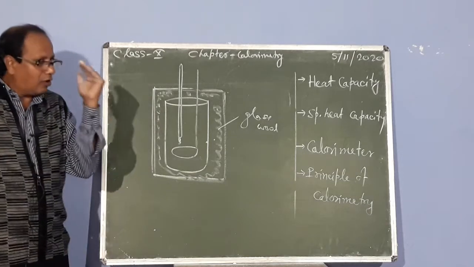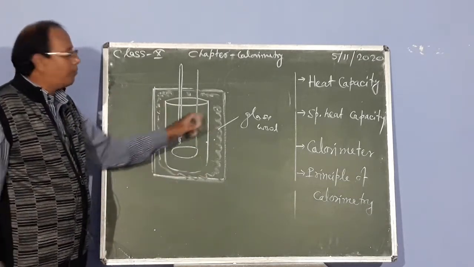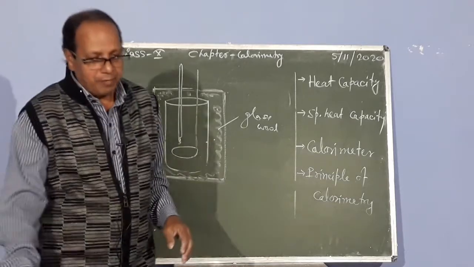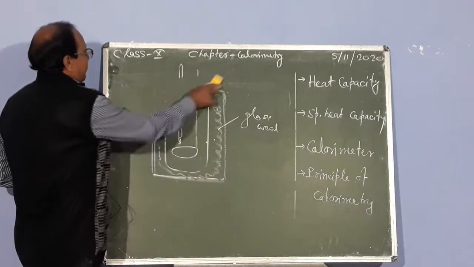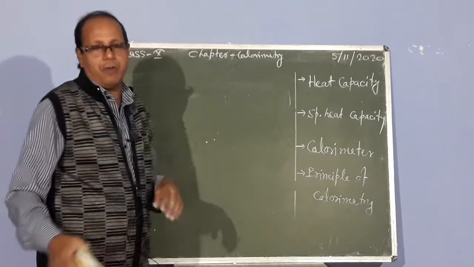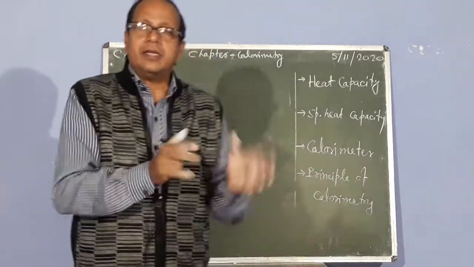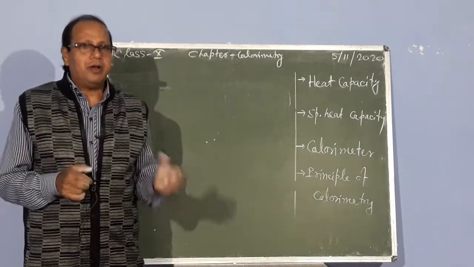To minimize the loss of heat energy by radiation, we have to keep the copper as polished as possible. Now, this calorimeter can be used for measuring the amount of heat energy gained by a cold body or lost by a hot body.